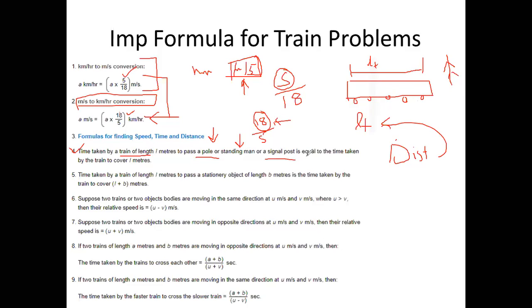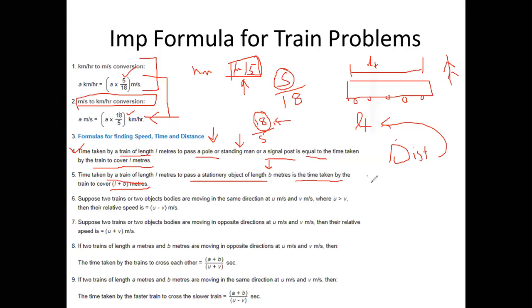Or a single post is equal to the time taken by the train to cover its length in meters, right? So the time taken by a train of length L meter to pass a stationary object of length B meter is the time taken by the train to cover L plus B meter.